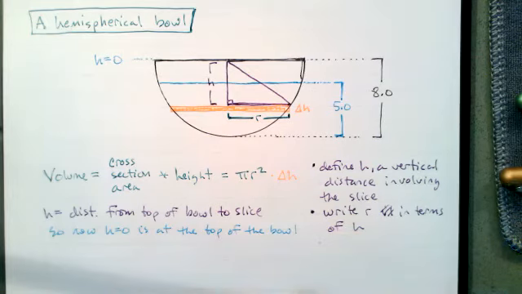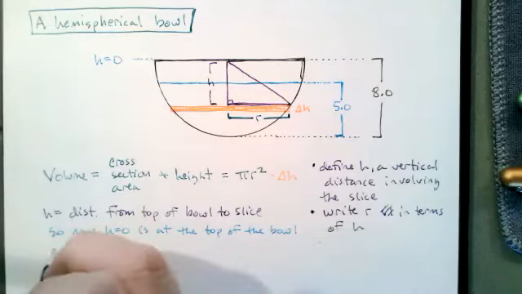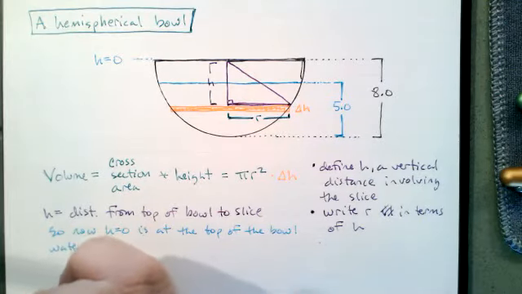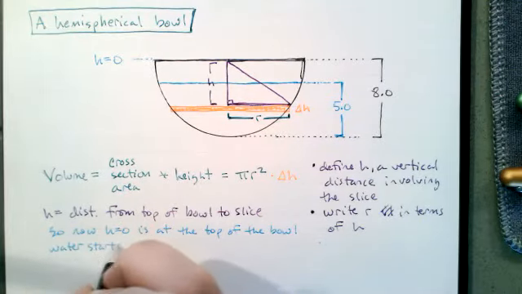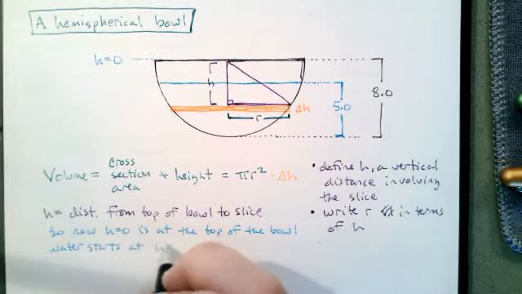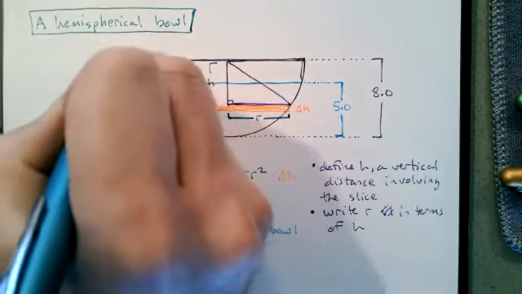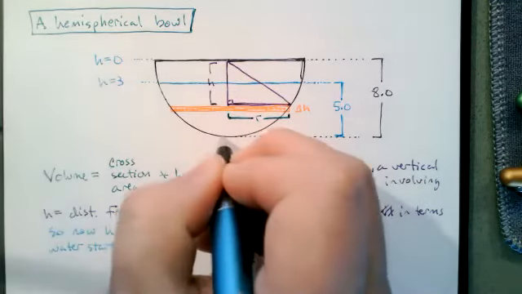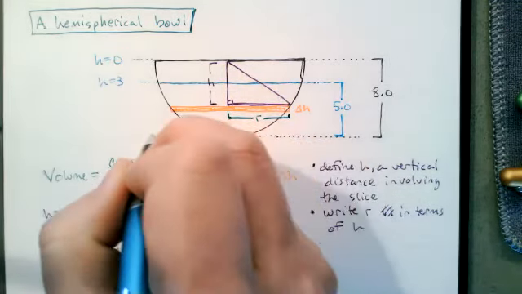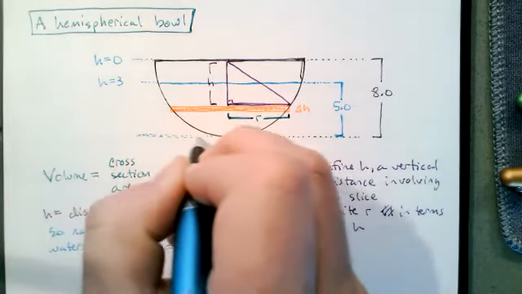The water starts at h equals 3. And the water ends at the bottom of the bowl at h equals 8.